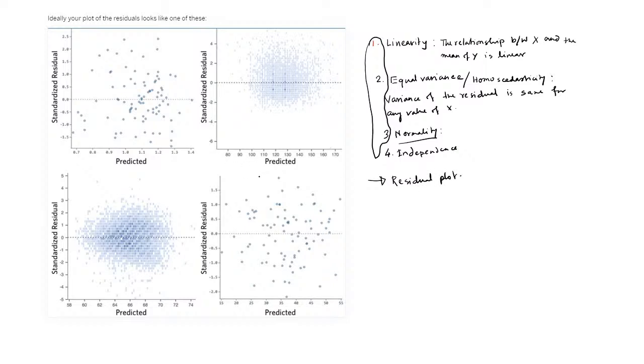Here we consider the standardized residual. Suppose e_i is a residual; e_i divided by the square root of the variance of e_i is a standardized residual.